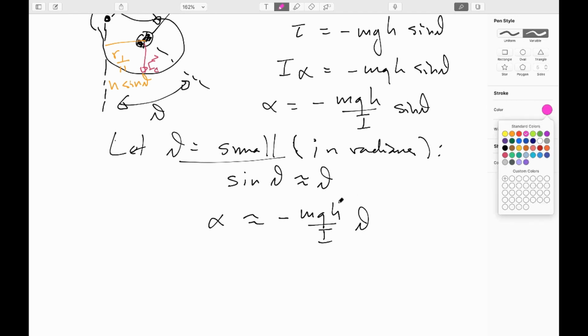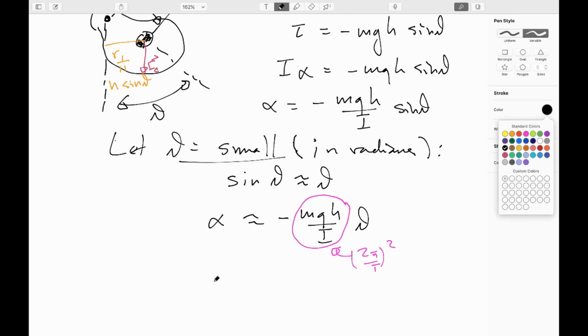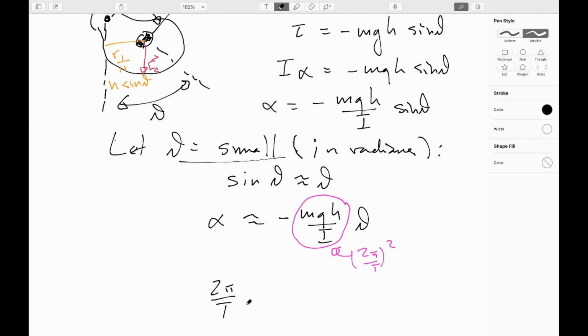So as long as angles are small, this thing will oscillate in a simple harmonic oscillator type fashion. And this bit right here would be 2 pi over the period squared. So what we get is that 2 pi over the period for this system is equal to root mgh over I.